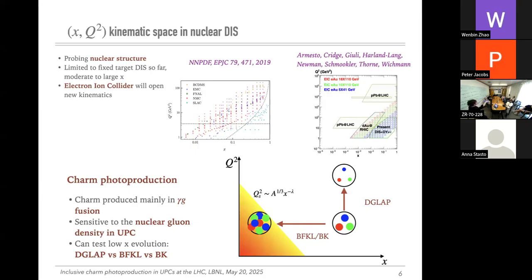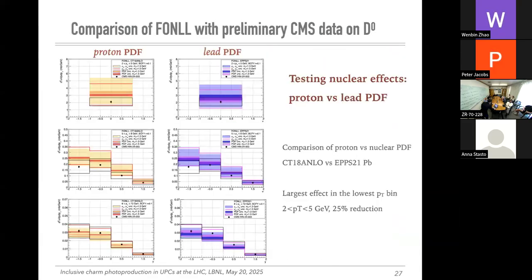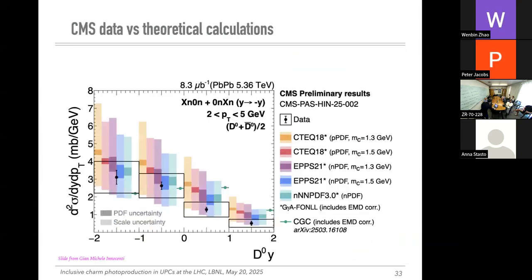They allow for more variations, so in principle they should have essentially wider variation as you go to lower and lower x. But here, in fact, I don't see that. They still have quite small bands, even smaller than EPPS. Maybe they also have some bias there.